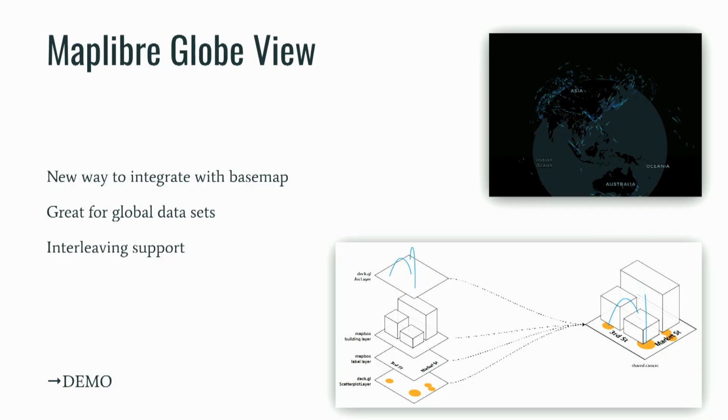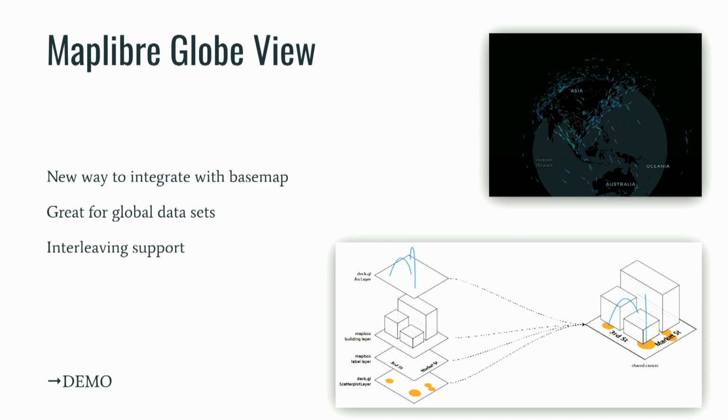The first one, I think if you went to Yuri's talk on maplibre, then you would have already seen this. Maplibre has got a nice new GlobeView, which lets you see the world as a globe, as it is. We have integrated with this in deck.gl, and this is really nice for certain types of datasets, especially global ones where you don't want the distortion that you have with the Web Mercator projection.